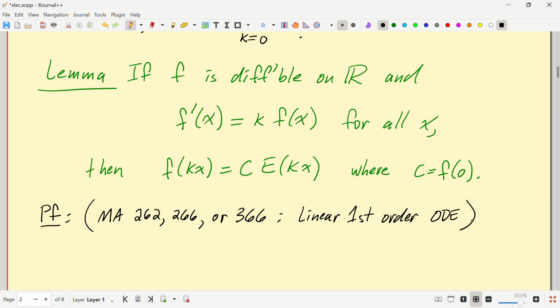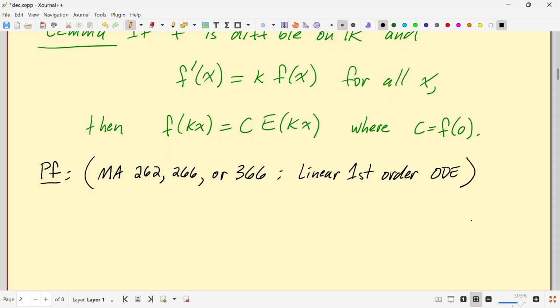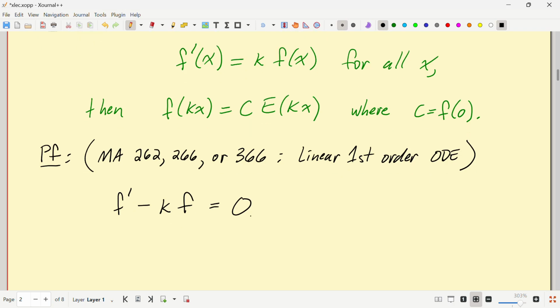Okay, so what the first order ODE is, f prime minus k times f equals 0. In fact, that's a first order linear differential equation with constant coefficients. And not only that, it's homogeneous. The right-hand side is 0. So this is one of the most basic ODEs you study in those courses.